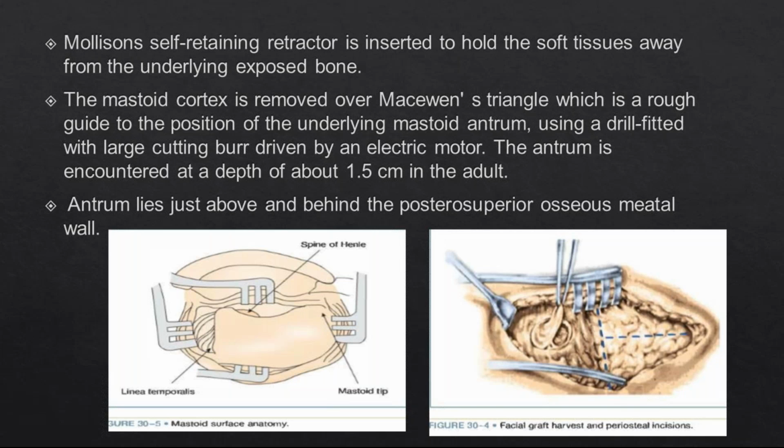So the mastoid antrum lies just posterior superior to the spine of Henle, roughly half an inch medial to the cortical mastoid bone. So you have to drill for at least 1.3 centimeters to come across the mastoid antrum. Always start with a burr.